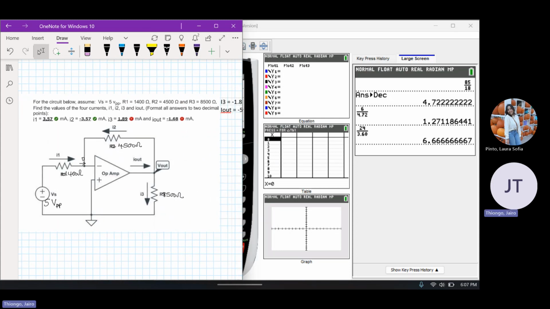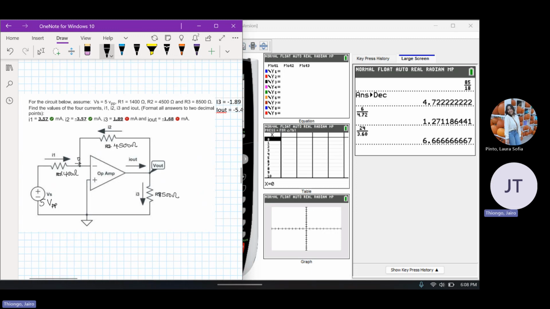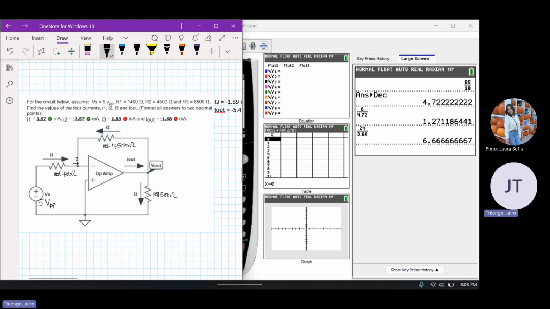Our next question would be the challenging part for most students taking EE 1202 or seeing these equations for the first time, since the op-amp given has a resistor connected to it from the V out. It's asking us to calculate, assuming V S equals 5 volts peak to peak, meaning it's sinusoidal.